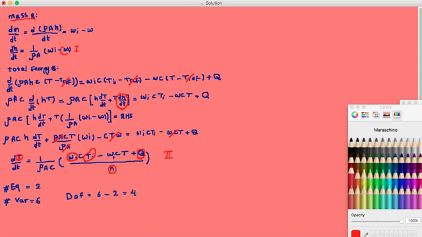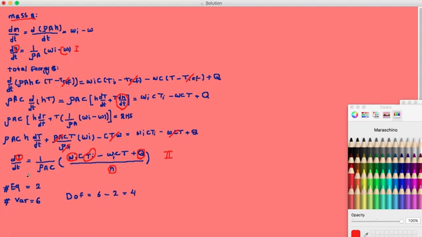What does 4 mean? 4 means that we must identify 4 input variables to the system that can be specified, because in order for equations to have a unique solution, we should have the same number of defined variables and the same number of equations. If we select H and T, we will cover two states.